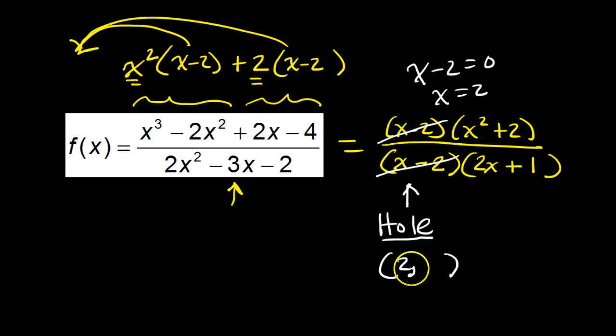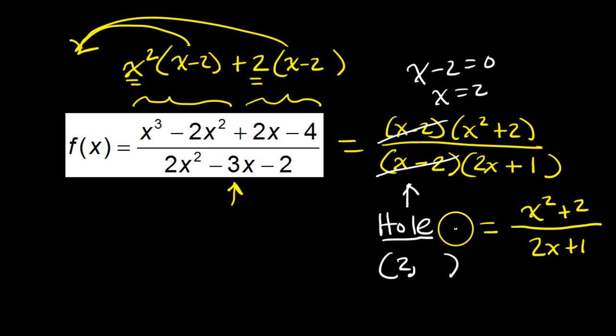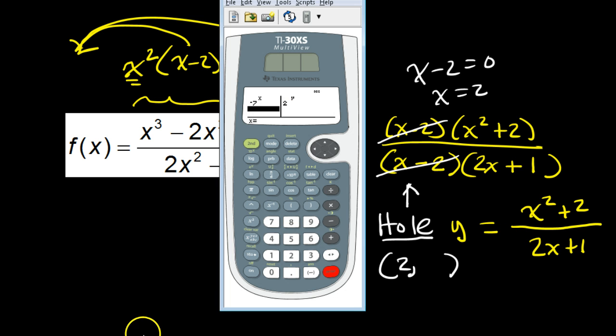I am going to need the y value of the hole. So to get that, I'm going to consider the fact that now that the x minus 2's are gone, the remaining function is x squared plus 2 over 2x plus 1. Okay, so I can use this to get my y value. Now I am going to use my calculator.